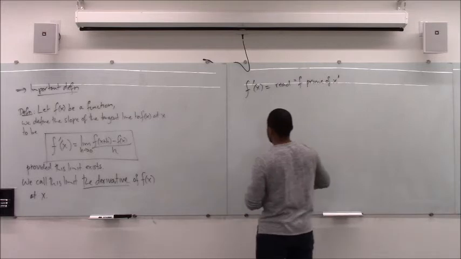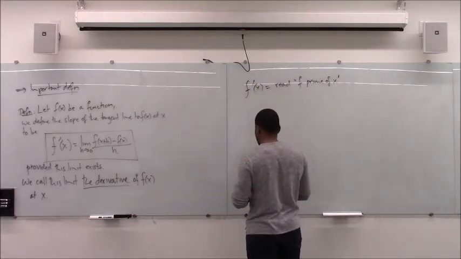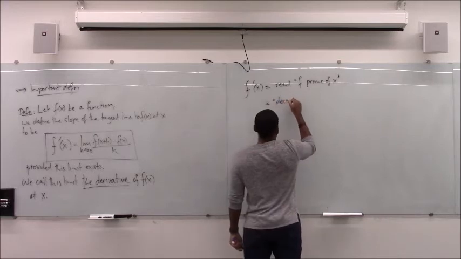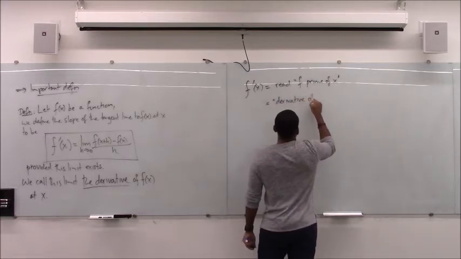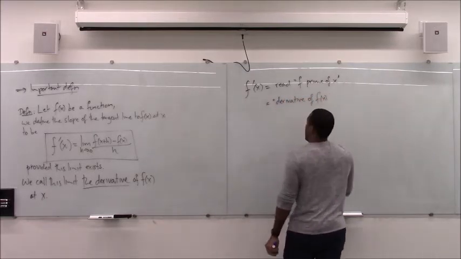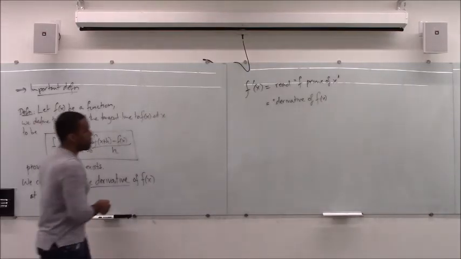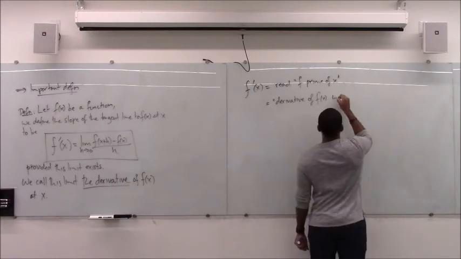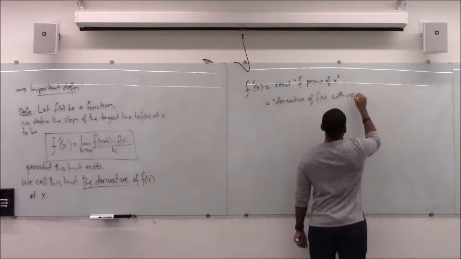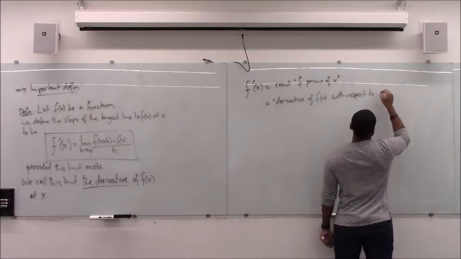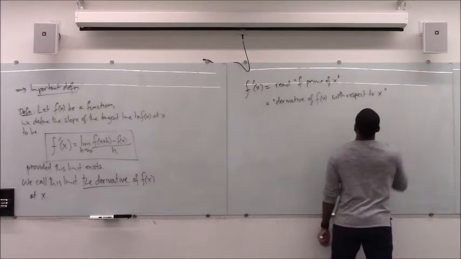This little notch here is called a prime, and you can think of it as the derivative of f of x. Oftentimes when they want to say x is the independent variable, they'll use the phrase "with respect to x," meaning the x-axis is the axis with the independent variable.